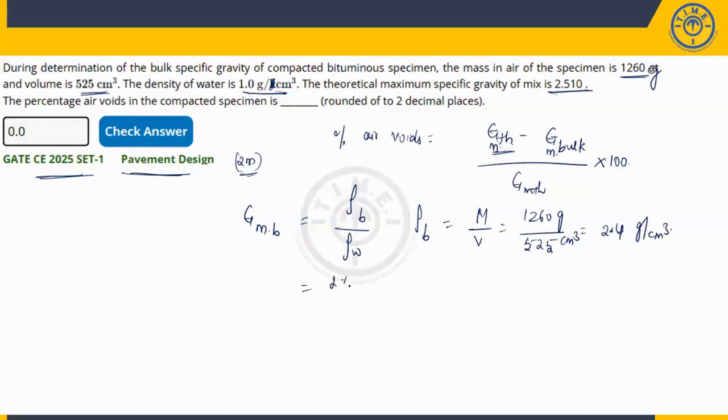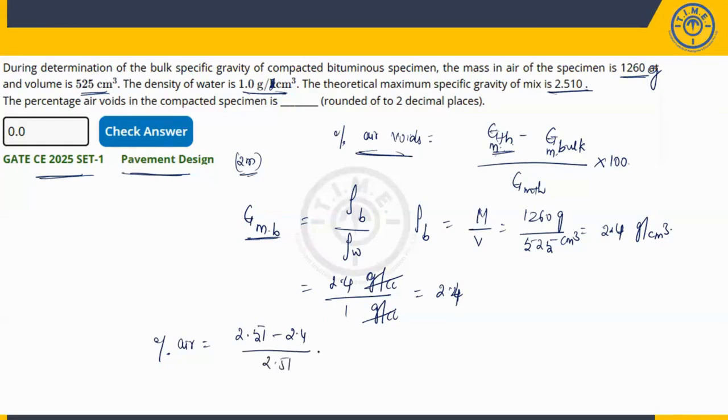Now I am substituting this here. Bulk specific gravity of the bituminous mix is equal to 2.4 gram per cc upon 1 gram per cc. Gram per cc gets cancelled. G MB is 2.4. Now use the above formula, substitute these values and find the percentage air voids: 2.51 minus 2.4 upon 2.51 into 100. That gives percentage air voids. Round it off to 2 decimal places.